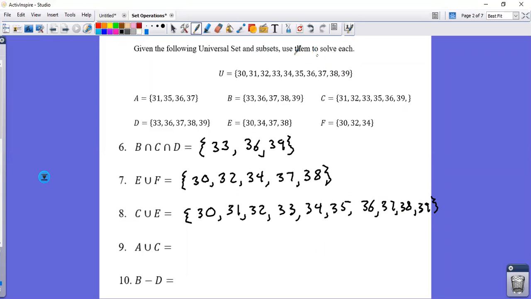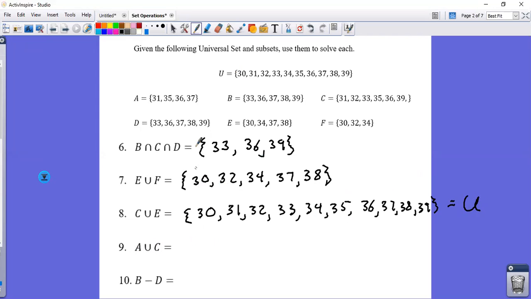They have all of the universe. So you could write this as just U for the universal set. If you're going to write all of them, you can just write universal set.